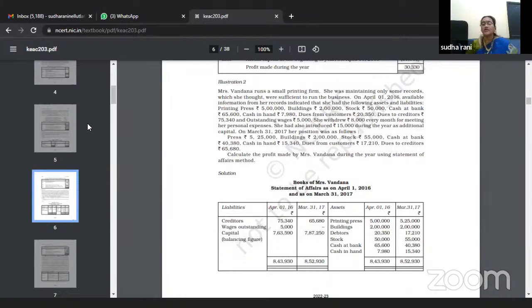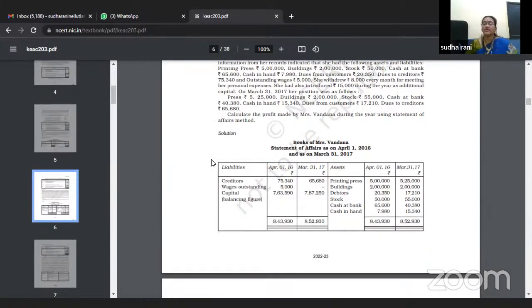We are supposed to prepare a statement of affairs for the beginning of the year and for the end of the year. So instead of preparing two separately, the columns, particulars of liabilities and assets, are the same. Only the amounts are different. You can also do it like this, with beginning of the year and end of the year values.